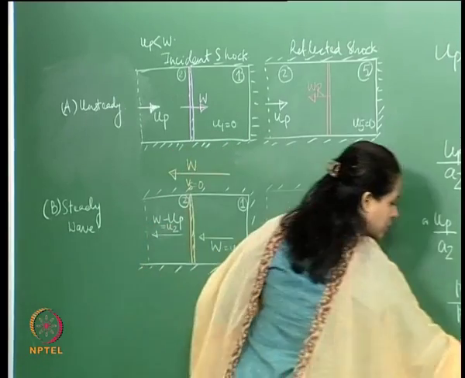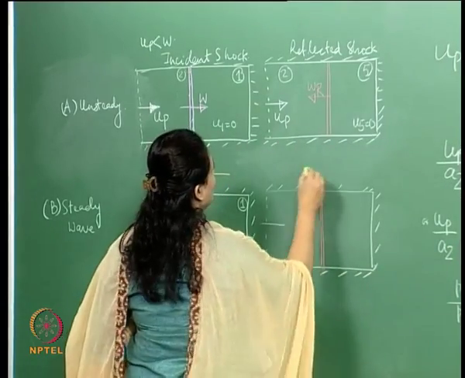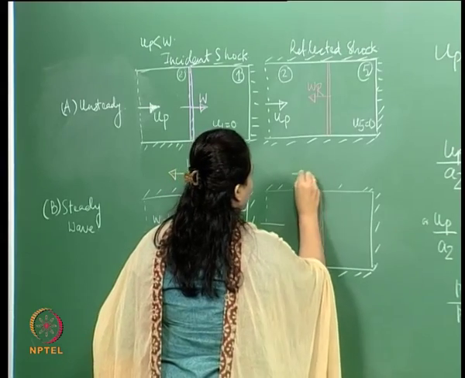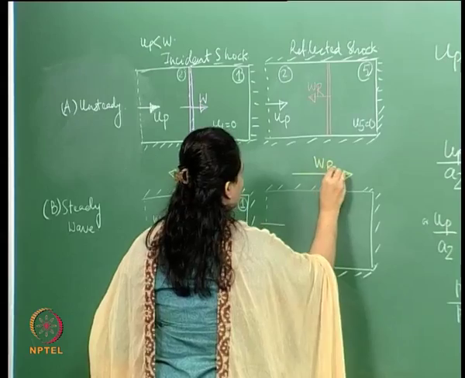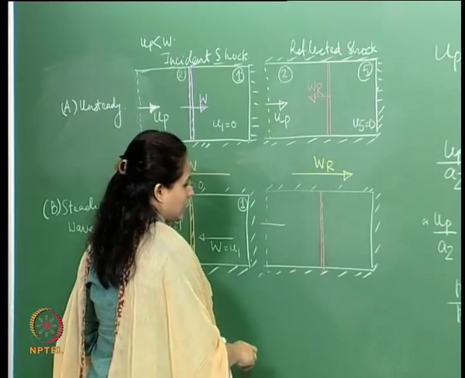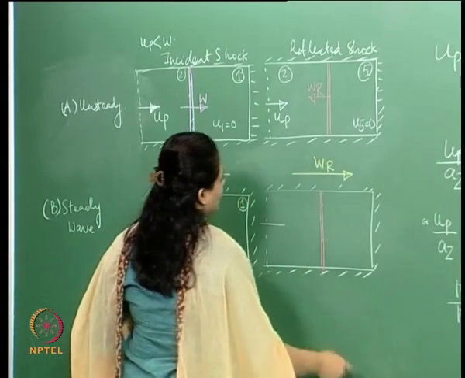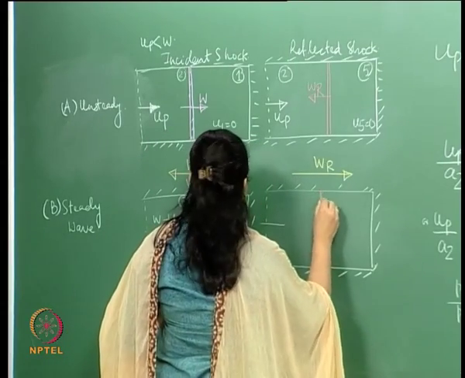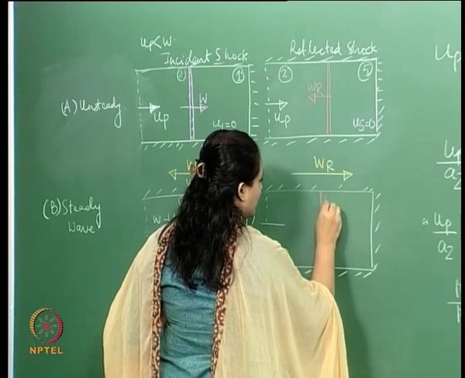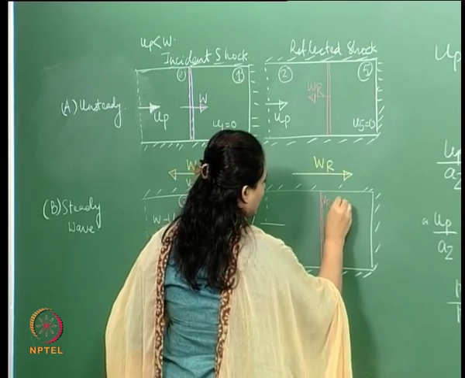Now what we will do is impose on the whole flow a velocity in this direction. That would mean that the velocity of the reflected shock wave is 0.